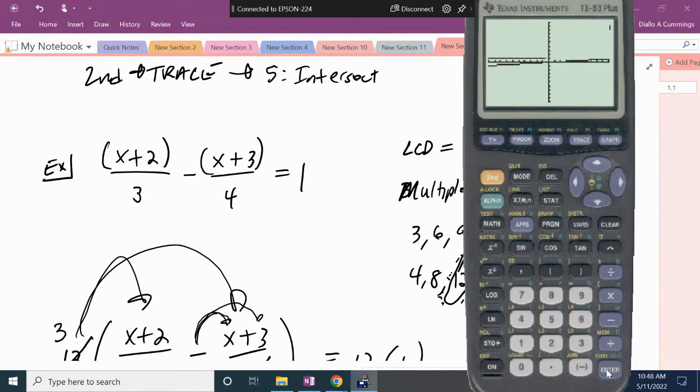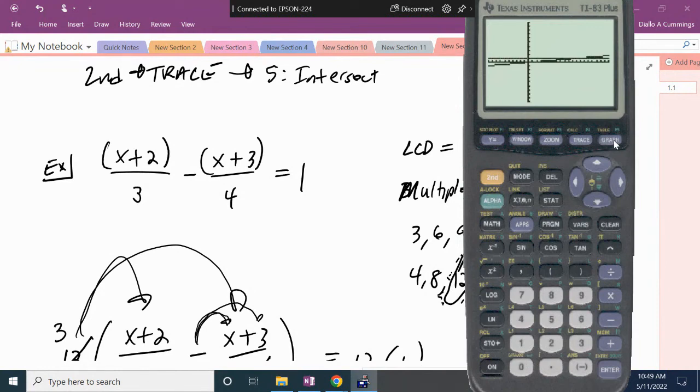Since we have done the calculation by hand and we know that x is equal to 13, I'm going to go into Window. I'm going to change my x max to about 20. Okay, so that's going to stretch out the graph.